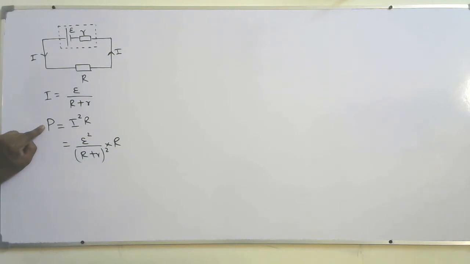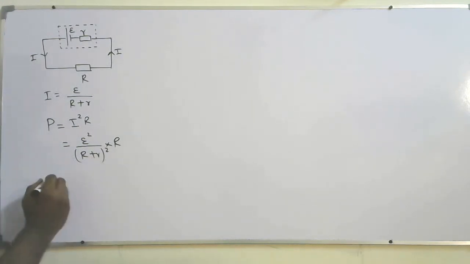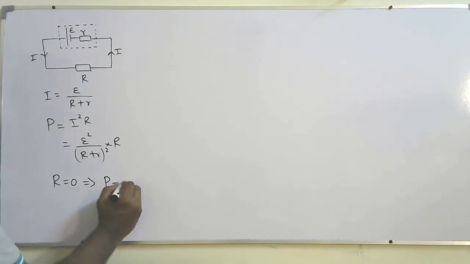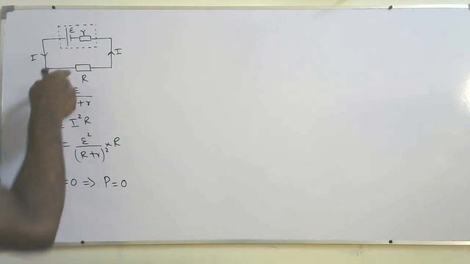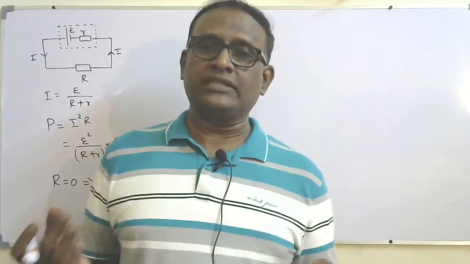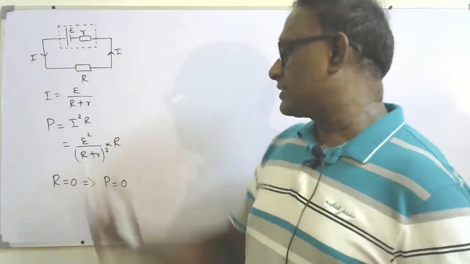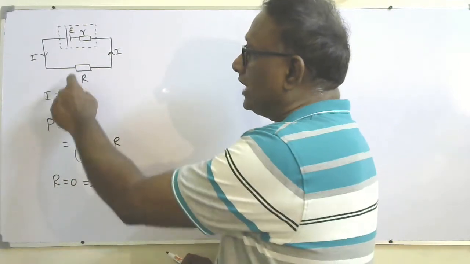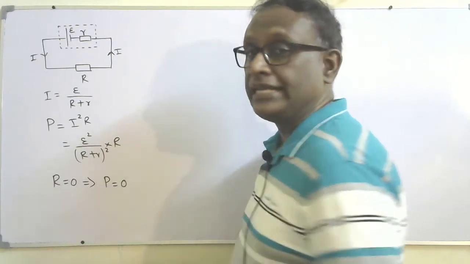Mathematically, when R is equal to 0, the power will be equal to 0. That means when the external component has no resistance, anyway, practically there is no component with 0 resistance. If I short circuit, when R is equal to 0, the power transfer to that will be equal to 0.